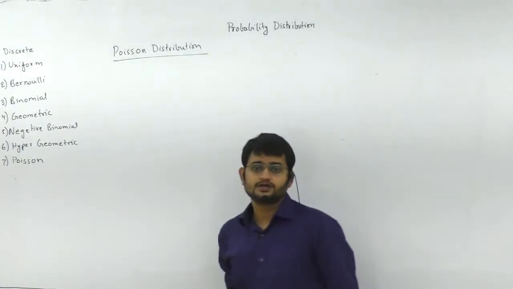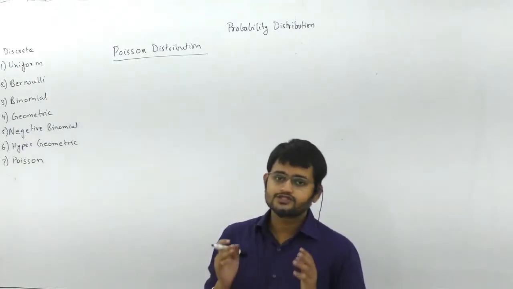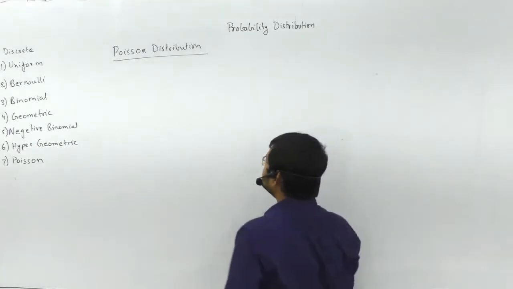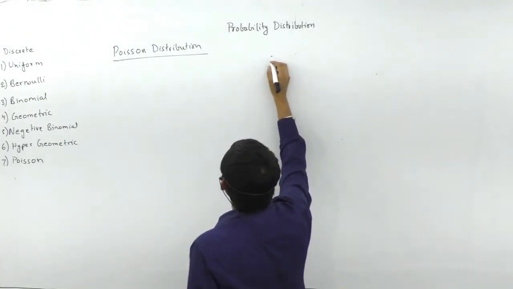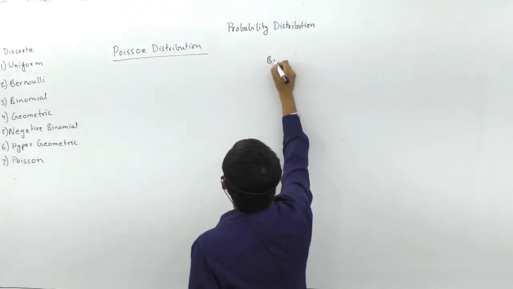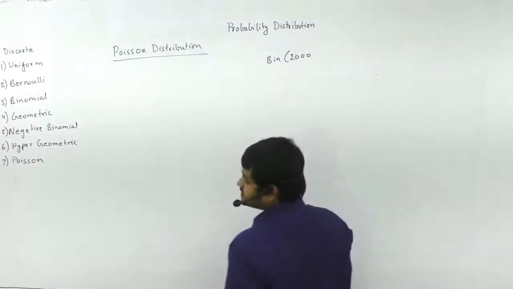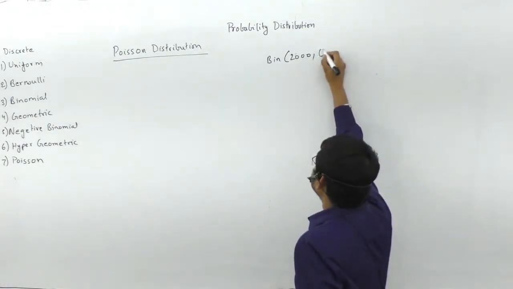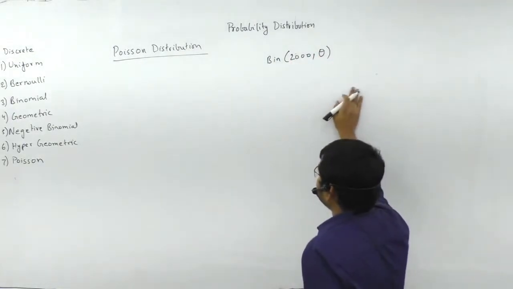So next, Poisson distribution. Poisson distribution was derived from binomial distribution. The problem with binomial distribution is that, let's say I have a binomial distribution with n equal to 2000, and whatever theta, I am not concerned with the probability right now.